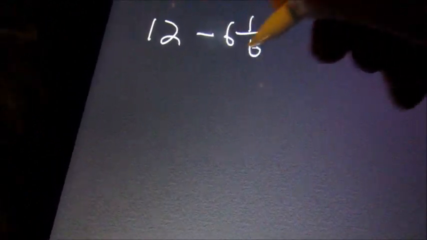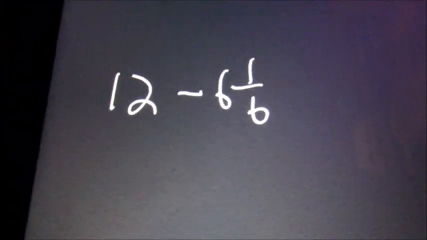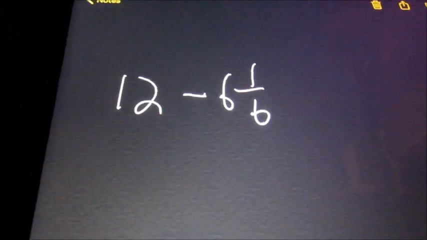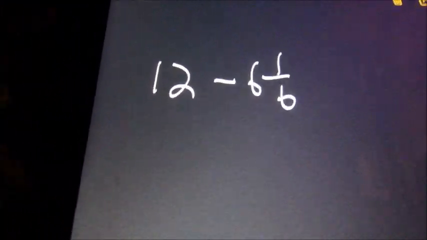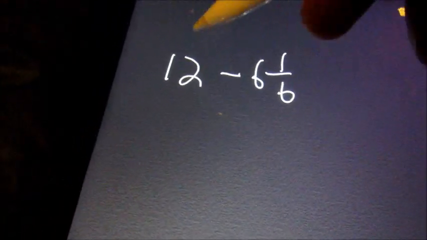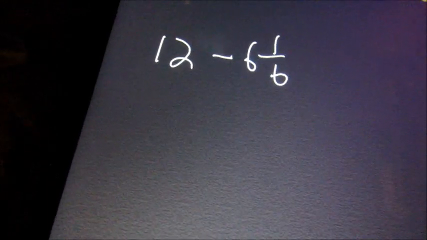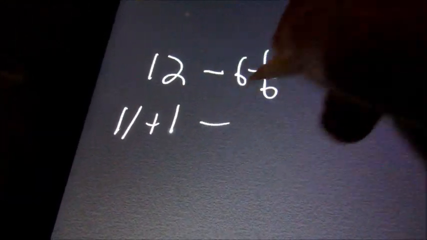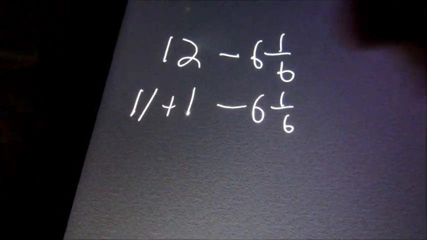So next one I'm going to do is 12 minus 6 and 1/6. Now here I have a whole number minus a mixed number. So this time I'm going to do it a little bit different, and what I'm going to do is borrow 1 from the 12. So this is going to be 11 plus 1 minus 6 and 1/6.